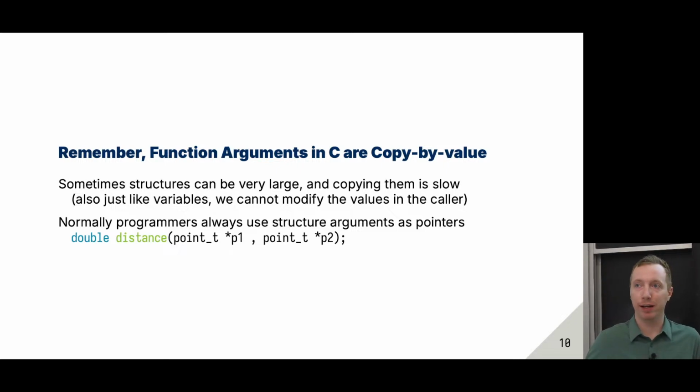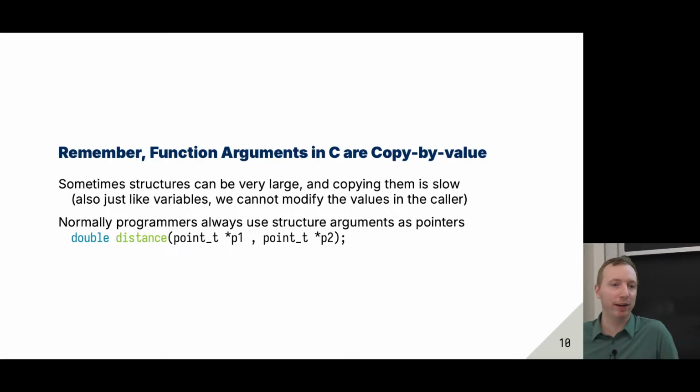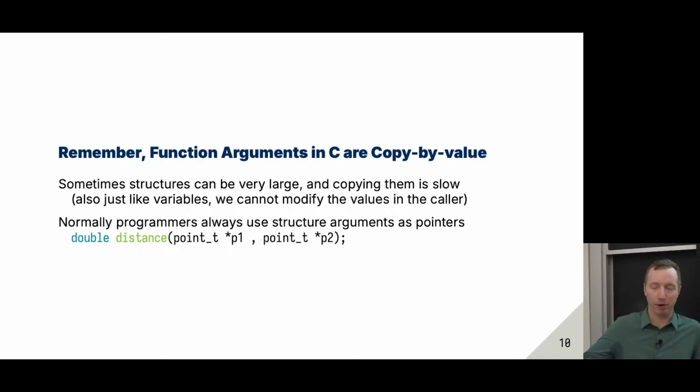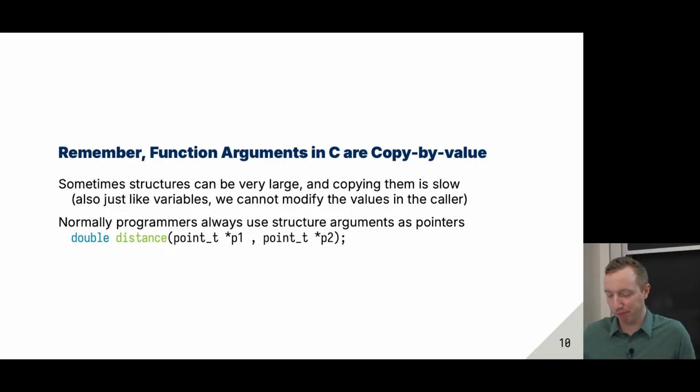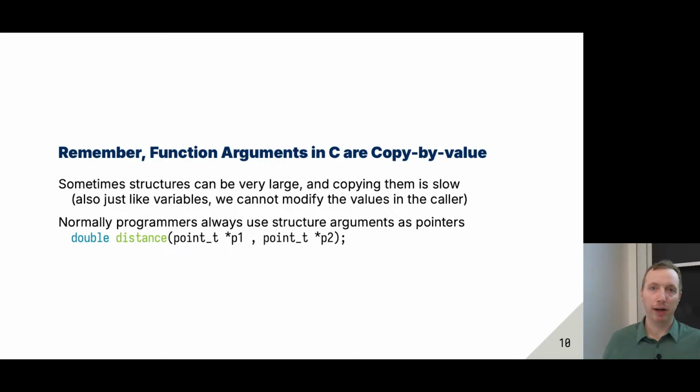So even if your structure has like 1,000 variables in it and it is, I don't know, 8,000 bytes large, each time we use a function there, they get copied by value, they get a new copy of the struct.